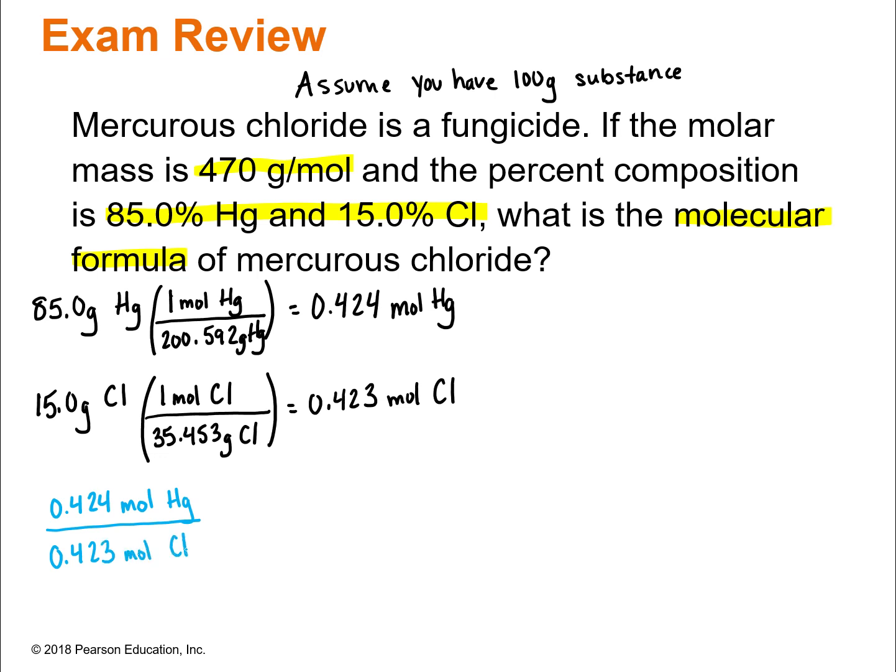So you put the smallest number of moles on the bottom, and then you put everything else on top. That's going to be about 1, right? And what that means is you have 1 mole of mercury for every 1 mole of chlorine. The empirical formula is HgCl.